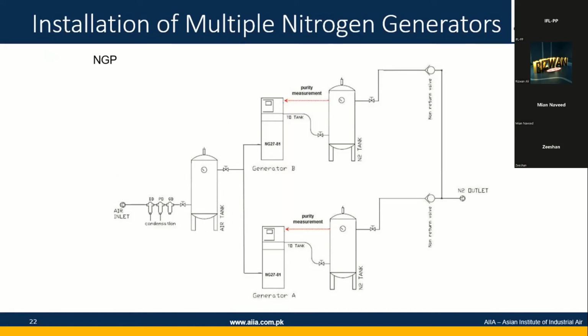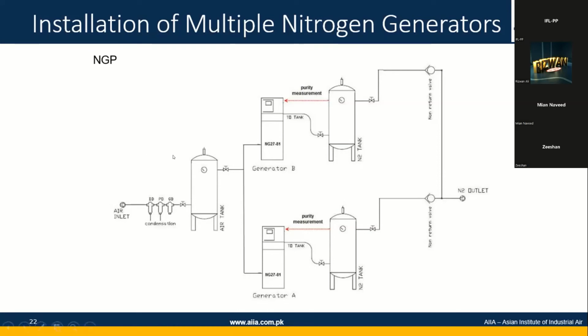After the air comes out of the air tank, which is basically a dry air receiver tank, this dry compressed air goes into generator A and generator B. I have already told you that there is a drop of 1.5 to 2 bar over the nitrogen generator, so keep this in mind while sizing your nitrogen generator.